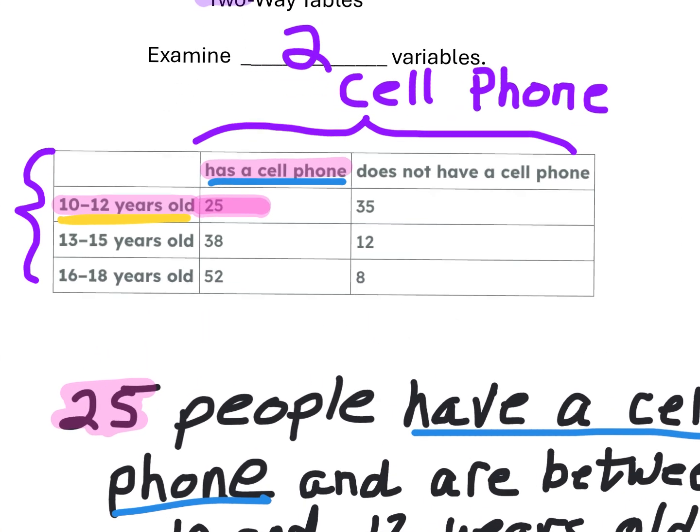Sometimes a question will ask you how many people were surveyed. And you can figure that out by, first of all, looking at all the people who have a cell phone. And if I add all those numbers together, I get a total of 115 people who have a cell phone.